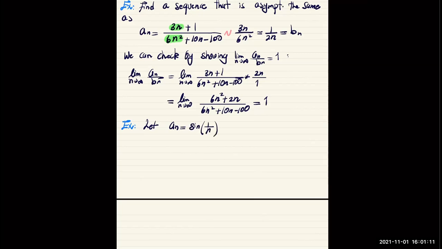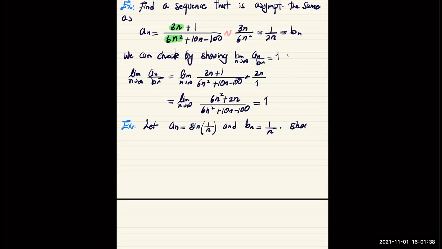This is a very important sequence, guys. Sine of 1 over n, very important. And we want to find a sequence that is asymptotically the same as the sequence. That sequence happens to be the harmonic sequence.